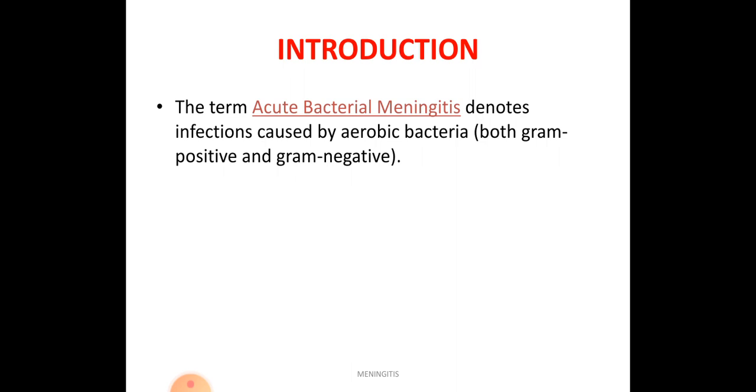You know the difference between gram positive and gram negative bacteria: gram positive bacteria stain purple and gram negative stain pink. So in short, acute bacterial meningitis is caused by aerobic bacteria.